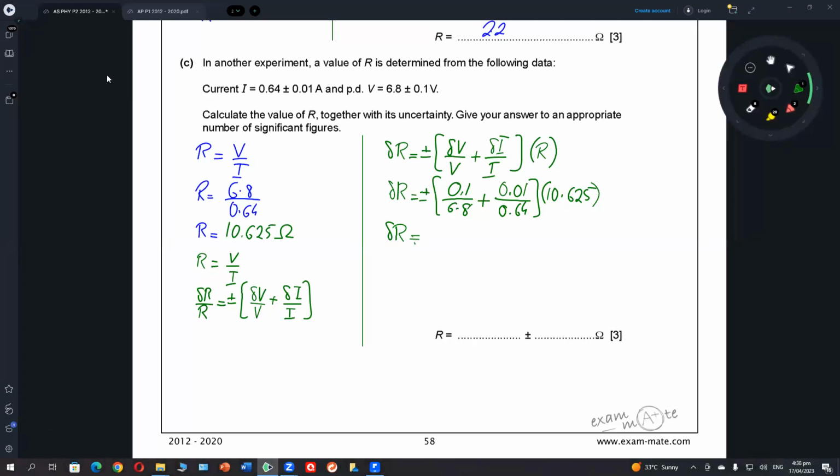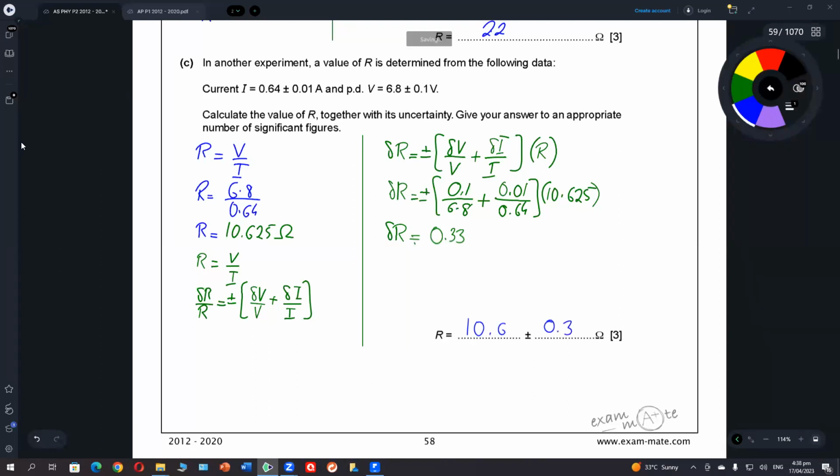It's coming 0.33. Uncertainty should be given correct to 1 sig fig. So if you take R as 10.6, this is how we write the answer.